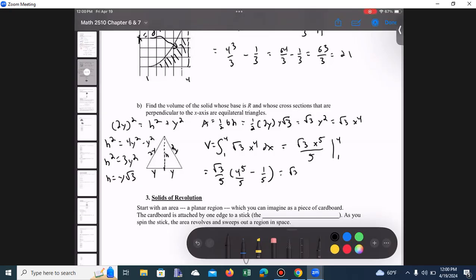Just square root of 3 over 5 times, let me see what 4 to the 5th is, 1024, so 1023 over 5.